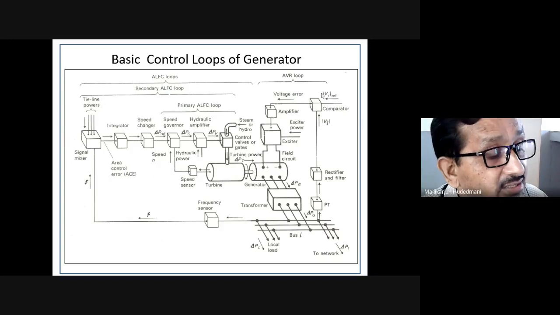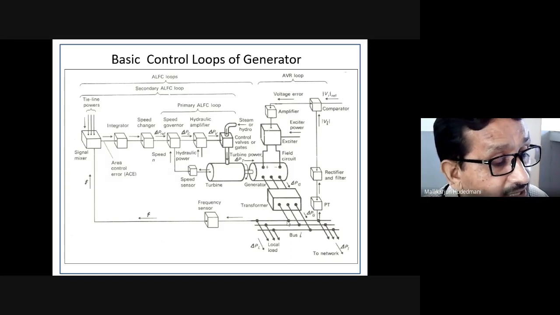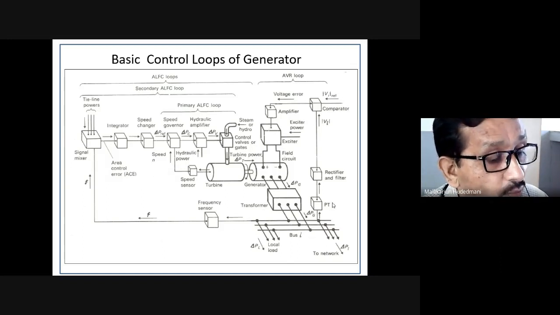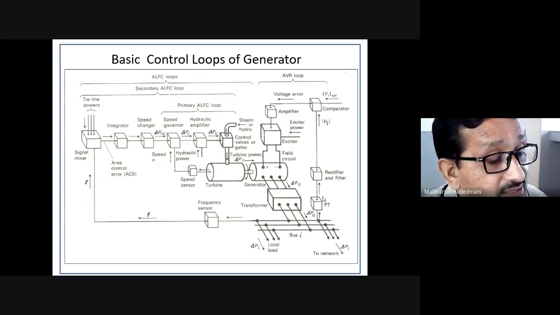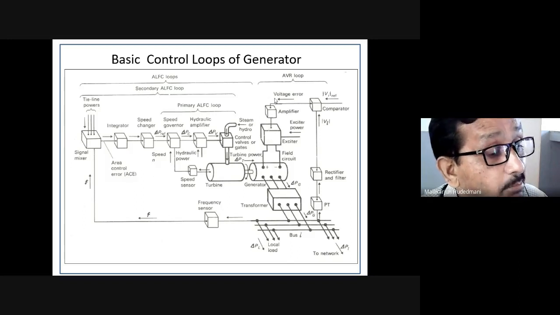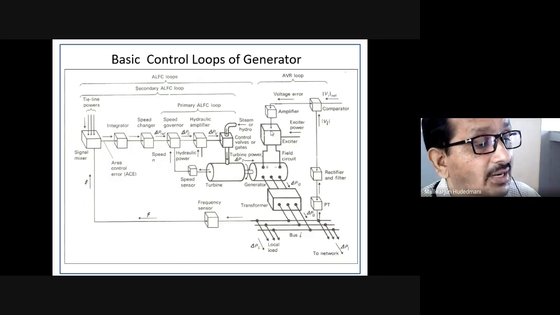This comparator compares the set point, the standard required voltage equivalent, with the actual voltage measured through the sensors and transducers. On comparison, there could be an error. This error signals the exciter after processing, amplifying, and conditioning it properly.